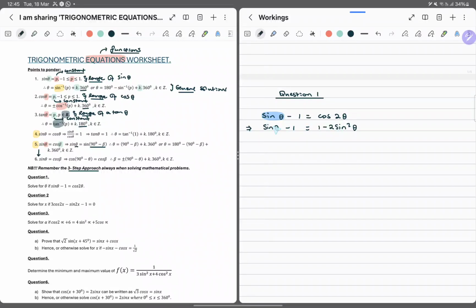All right, so now we take everything to the one side. This implies that we're going to have 2 sine squared theta. We're going to write them in descending order of their powers. Sine theta. Then we have minus 1 is equal to 0.